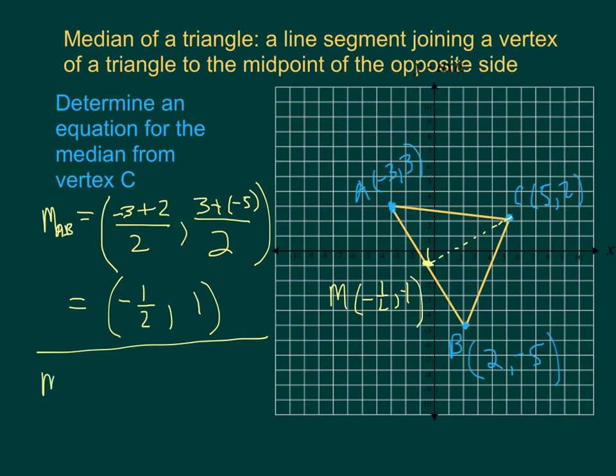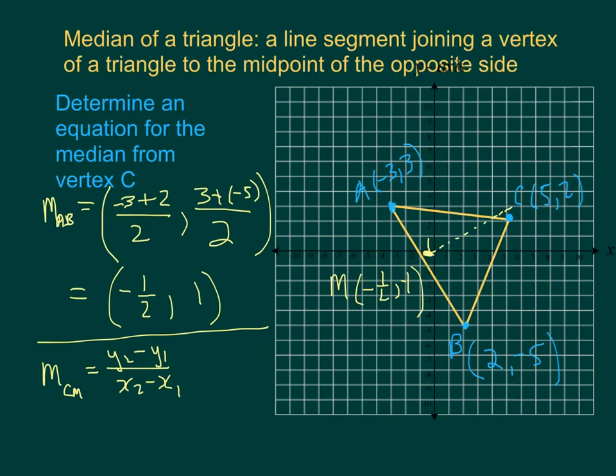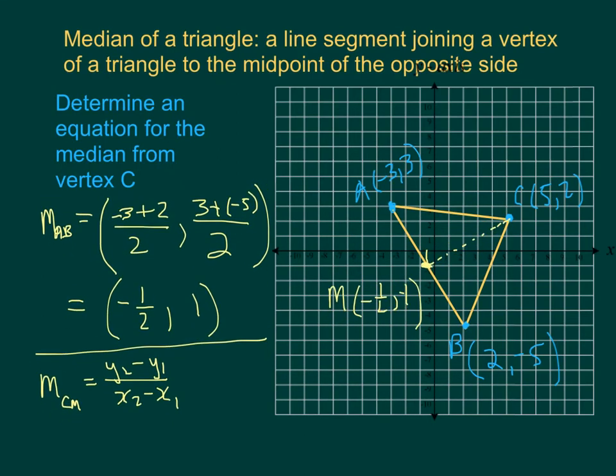Now again, remember, this is now little m, lowercase m, so the slope of CM is going to be, we know that it's y2 minus y1 over x2 minus x1. All right, and I'm just going to try and make this a little smaller. Oh, it's going to move everything around, so I guess I got to leave it.